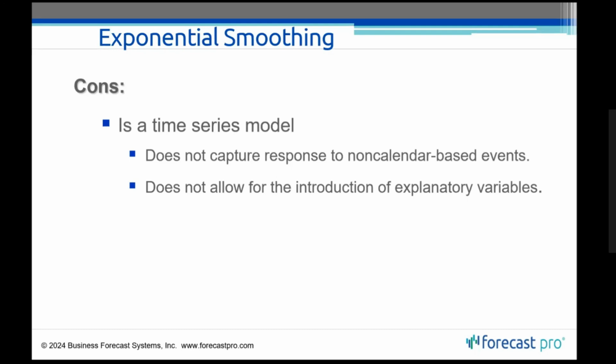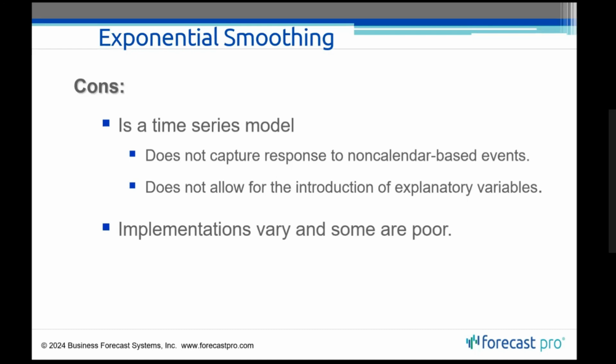So bringing in stuff like temperature data to help forecast makes a lot of sense for an application like that. Or maybe I'm driven by economic factors like interest rates or things like that. Exponential smoothing, as an extrapolative method, is not going to allow me to bring these types of variables into the model. And if they're important, then I probably shouldn't be using exponential smoothing.